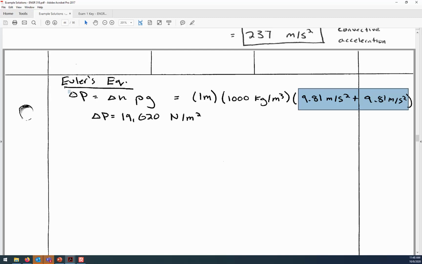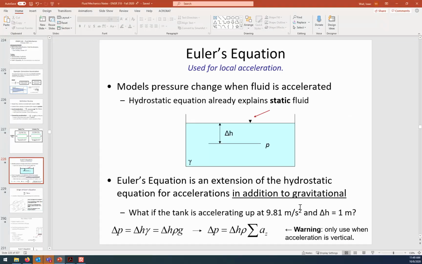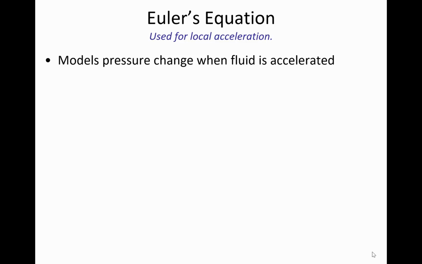For the hydrostatic equation, we usually say it's delta H times gamma, right? But gamma is just the density of the fluid multiplied by an acceleration. If the tank is accelerating upward, then it's the gravitational acceleration plus the acceleration of the tank itself. Now that's not Euler's equation, but it is giving you an idea of why there is more pressure at a certain depth.